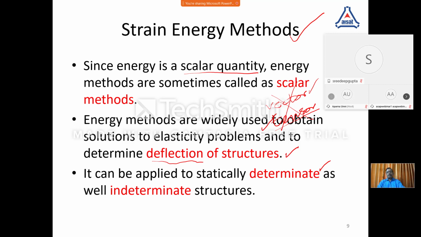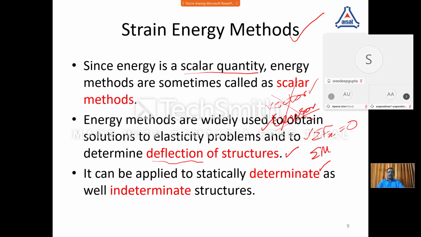Now, what is a statically determinate structure? Statically determinate means we have used equations like sigma Fx equal to 0 to evaluate the forces acting along a particular direction, and this is used to ensure equilibrium in a problem of statics.